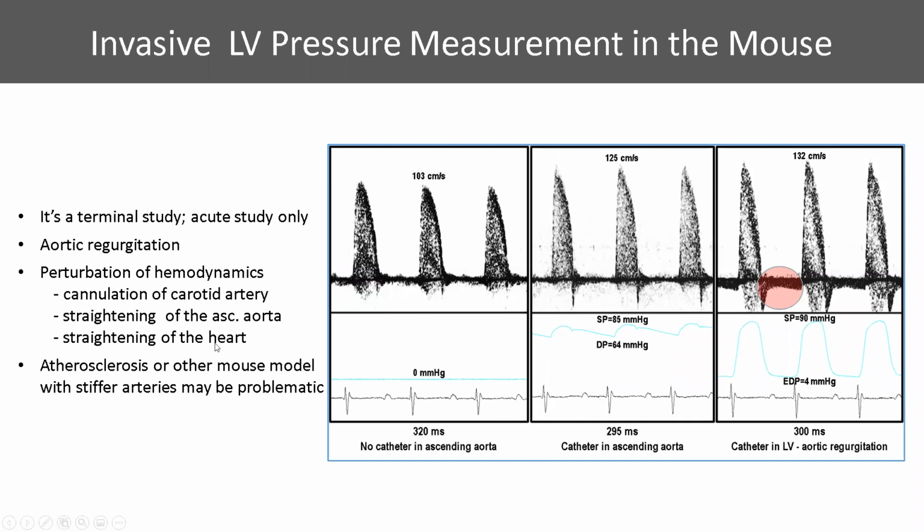And it also kind of pushes the heart to align with the catheter rather than the other way. And this becomes a problem in atherosclerosis or other mouse models with stiffer arteries. Atherosclerosis with plaques and other things, sometimes it's harder to cannulate, to put a catheter that goes across the valves.